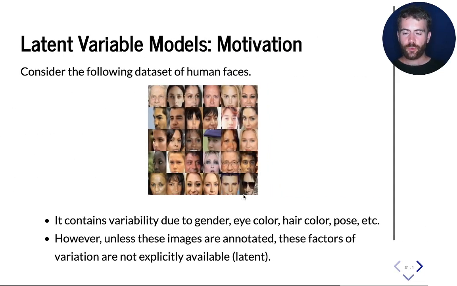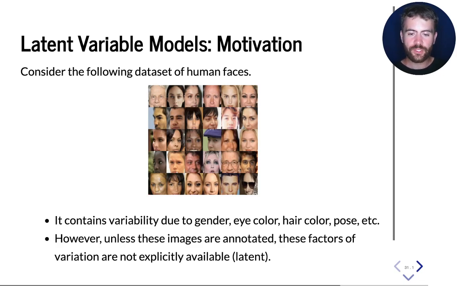Now, the motivation for defining latent variable models comes from the kinds of data sets that we often want to model. Consider the following unsupervised data set of human faces. These faces have a lot of interesting structure. We have male faces and female faces, we have different races, different poses, different hair color, eye color.